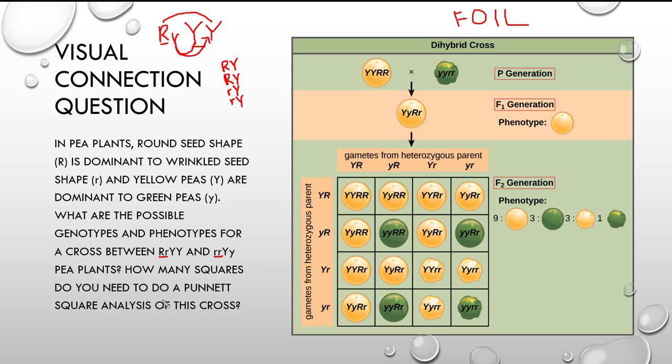Now let's do the other one. So the other one we have little r, and big Y, little y. So I'm going to do FOIL again.